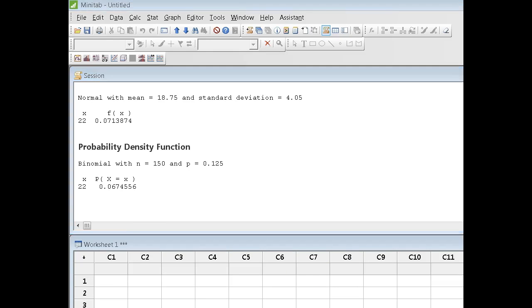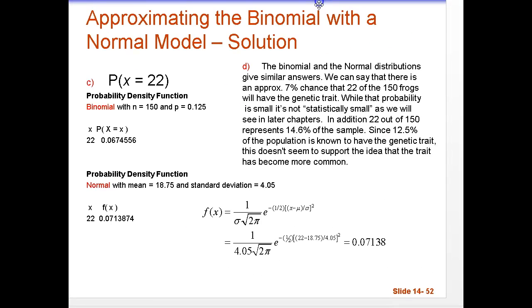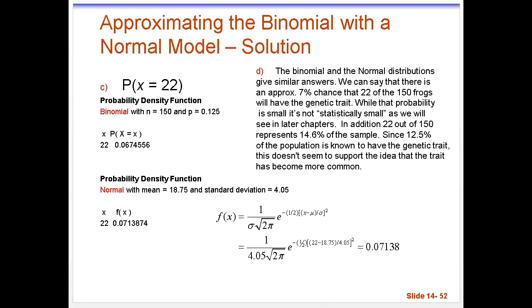All right, let's go back to our note here for a moment. So both of these distributions give me an answer of approximately 7%. So I've said, okay, there's an approximately 7% chance that 22 of the 150 frogs have the genetic trait. And 7% is not a really high number, but at the same time, it's not a really small number.